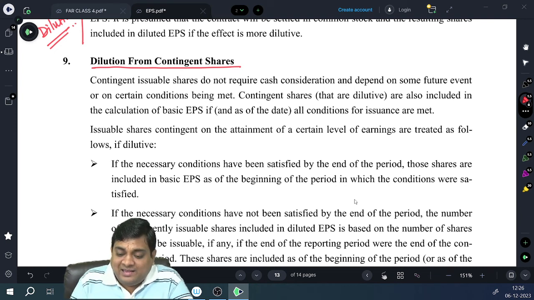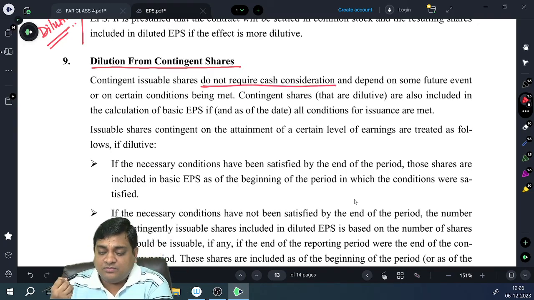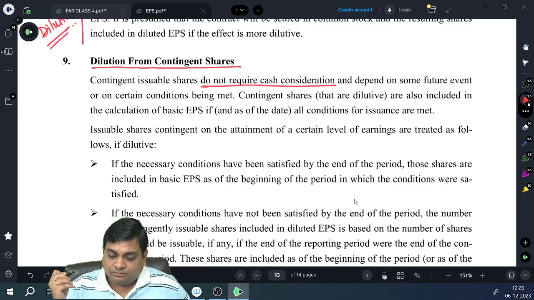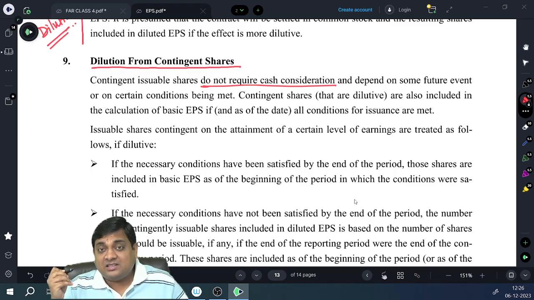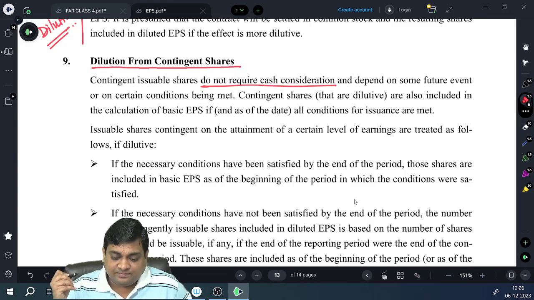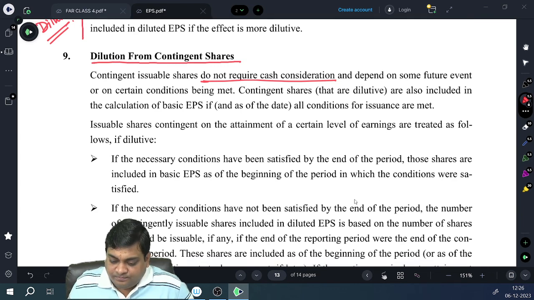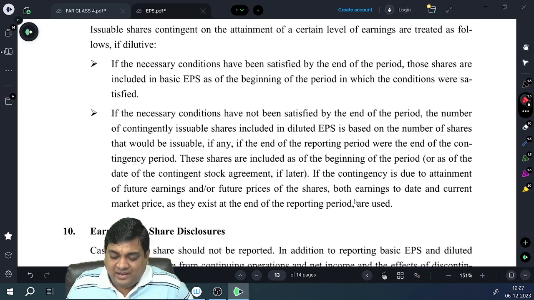We are not taking any cash consideration here. There is no such cash consideration. It simply depends upon some future event or certain conditions being met. And if the conditions are met, it will be considered in basic earning per share as well, because in that case it will be issued. Right, you can just give it a self reading, very simple.